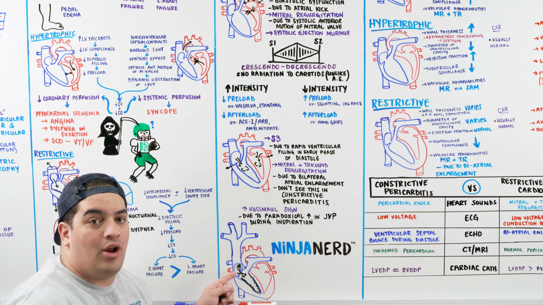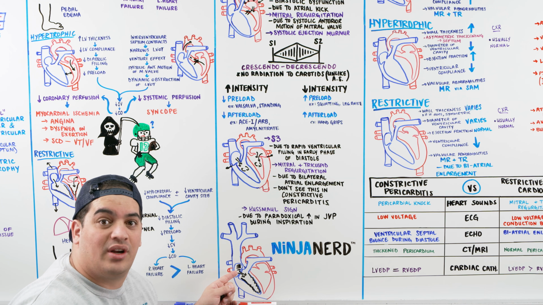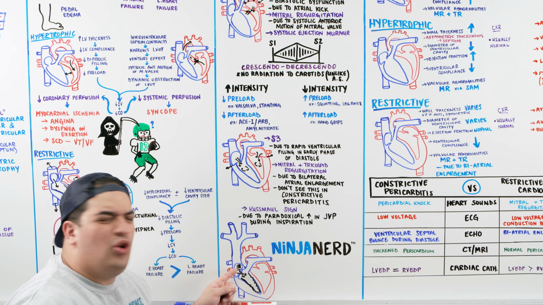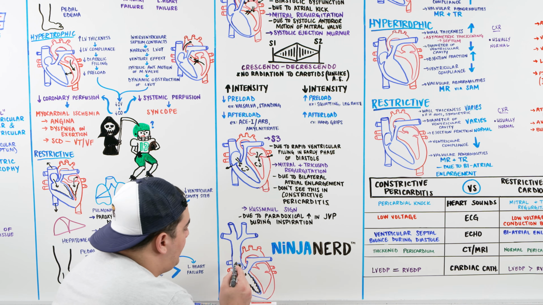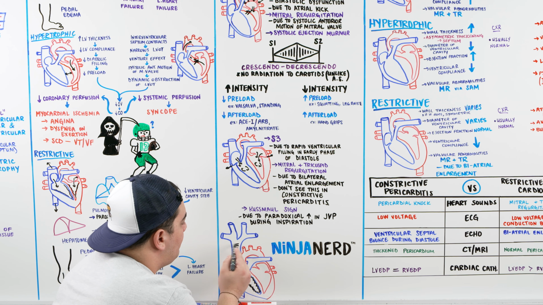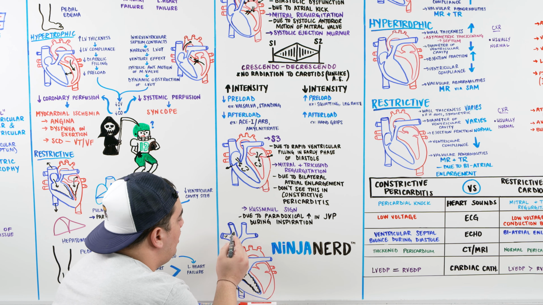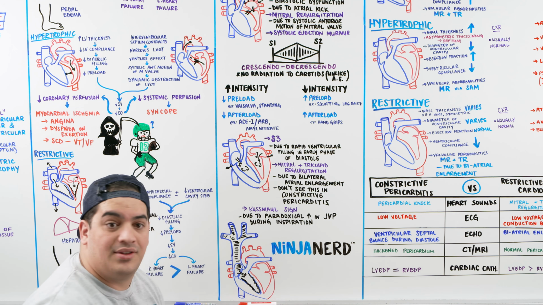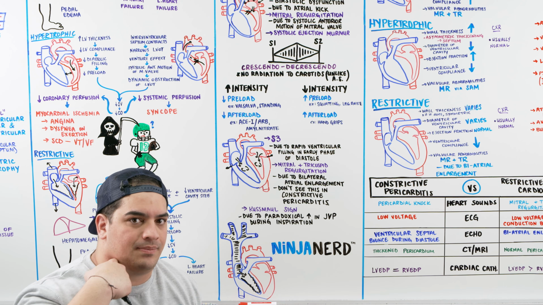The atria has to accommodate all that blood in mid to late ventricular diastole, but it's going to be too much. And so the blood starts backing up into the superior vena cava, into these little veins here at the top, your jugular veins, causing jugular venous distension.